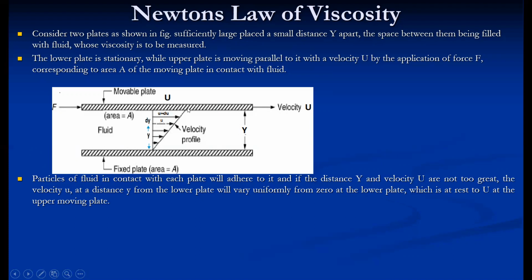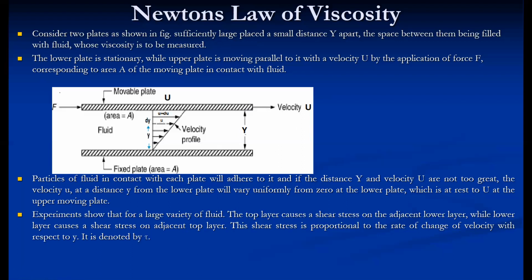This is a linear variation, but it is only valid if the distance Y between the two surfaces and the velocity are not too great. Up to that extent, the linear variation is valid. If the velocity and distance increase, generally the variation becomes parabolic or logarithmic.